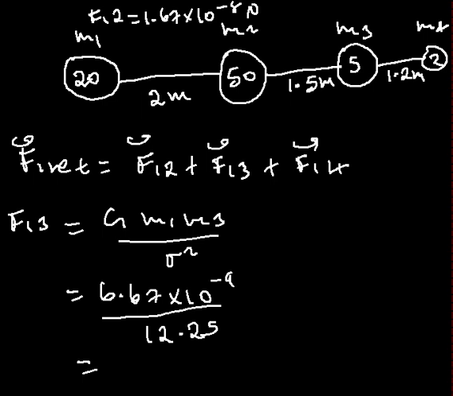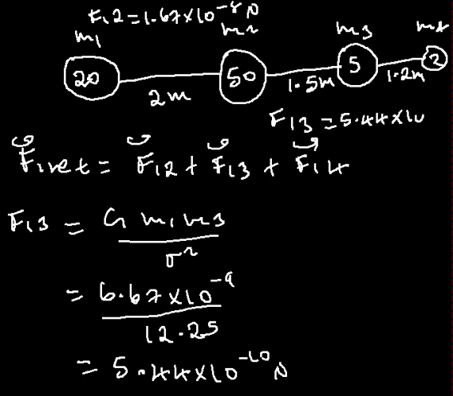And this one is given as 5.44 times 10 to the power negative 10 newtons. That is F13, which is 5.44 times 10 to the power negative 10 newtons. So let's have it in that way.